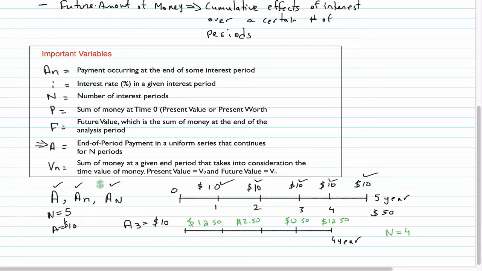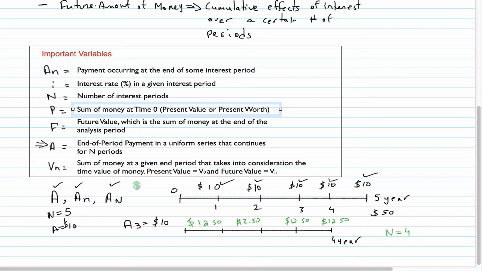Some of the other variables that are very important. So we covered A and N. We also know what interest rate is. It's pretty obvious. What is the interest rate at a given period, in a given interest period. P, this is pretty important. P is basically your present value. So what does that mean? What is the initial amount that you have in the 0th year?